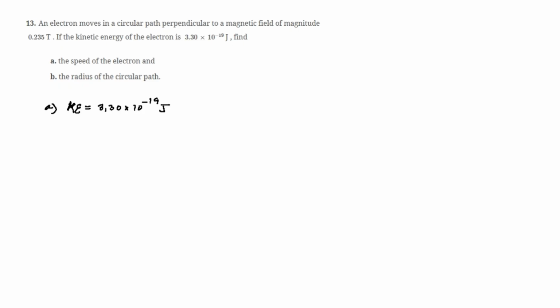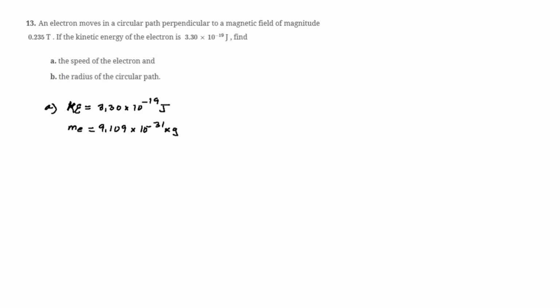If I look for the value of the mass of the electron, I have that the mass of the electron is 9.109 times 10 to the negative 31 kilograms.